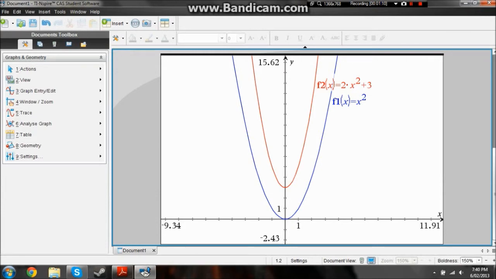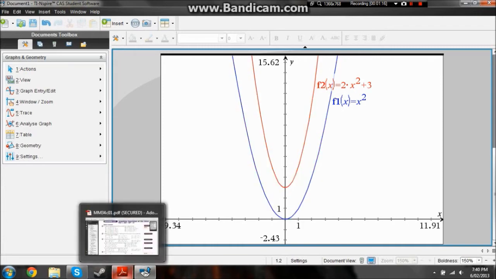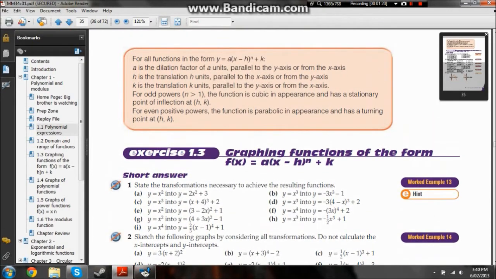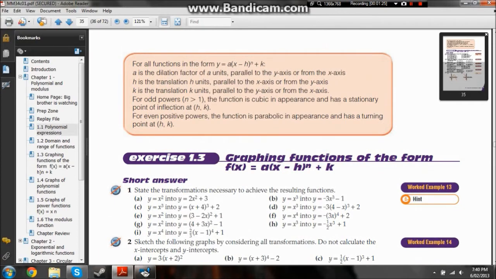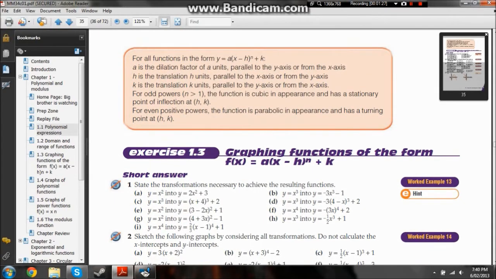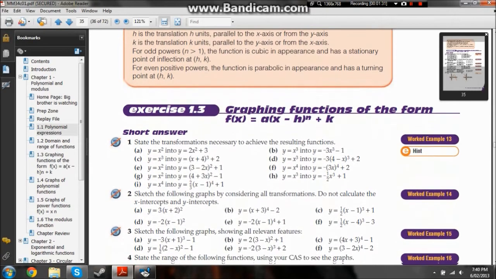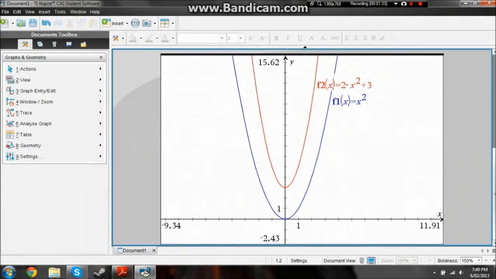It's been moved away from the x-axis, so if we use the terminology that they use here, the plus 3 part is this k at the end. So it's been moved 3 units from the x-axis or parallel to the y-axis, whichever way you want to write it, and then you can see it's gotten narrower because of the 2x squared. If all the x values are doubled, it's going to get steeper quicker.